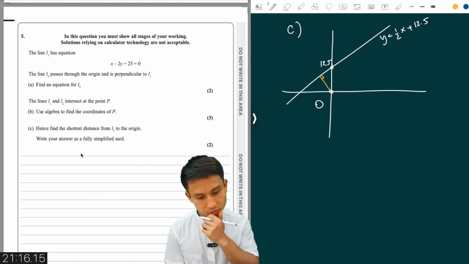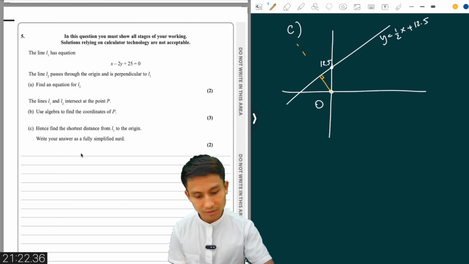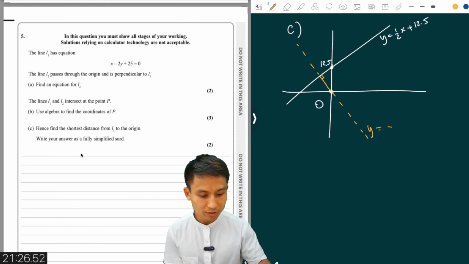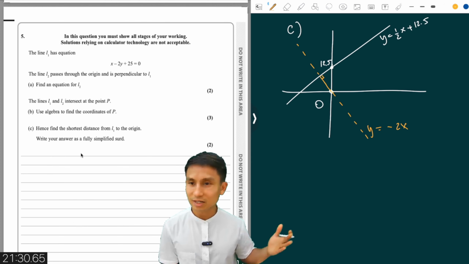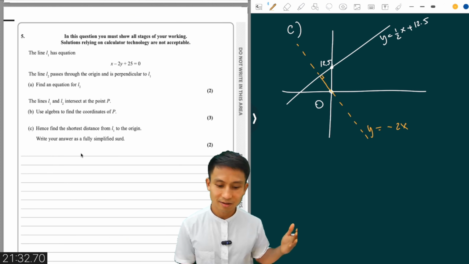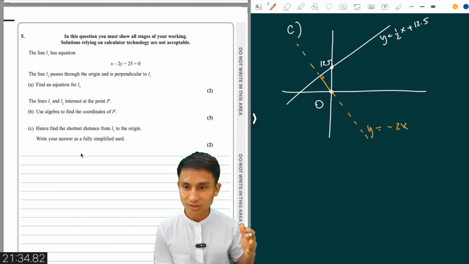So what do we do? Hang on. Look, isn't this line also y equals minus 2x? Because it's the only line perpendicular to this line, and it happens to pass through the origin as well.